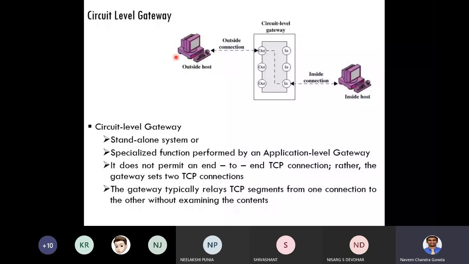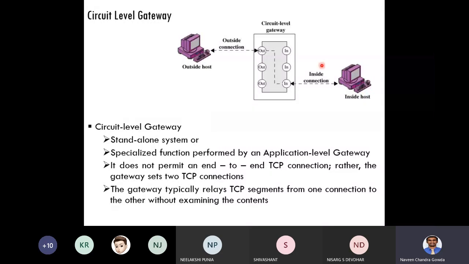But in our scenario, as there is a circuit level gateway between the outside host and the inside host, the connectivity is not directly between outside and inside. Instead, two connections are created: one connection between the outside host and the gateway, and one between the gateway and the inside host. These are the outside connection and the inside connection. Like that, two TCP connections are created instead of a single end-to-end connection when you make use of the circuit level gateway. That's what I mean to say.